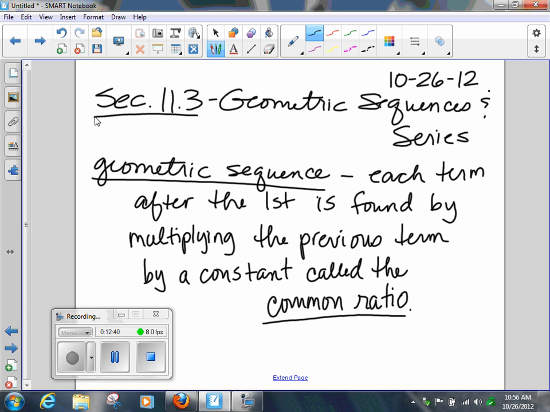Each term after the first is found by multiplying the previous term by the common ratio.